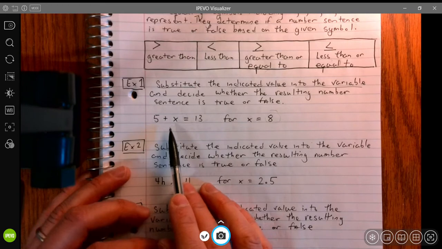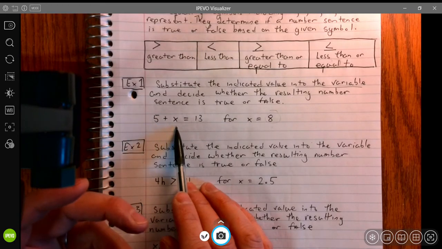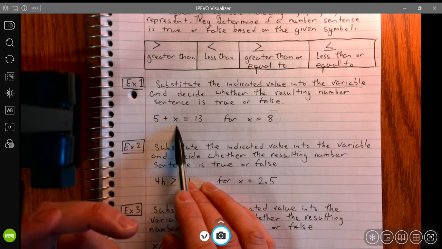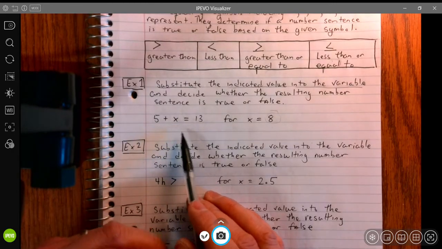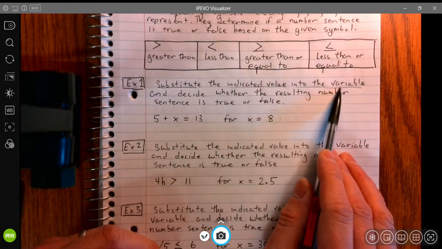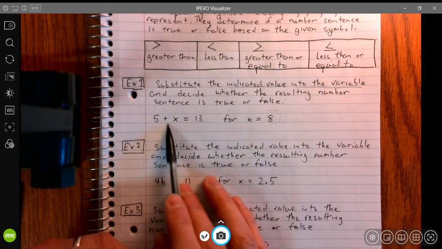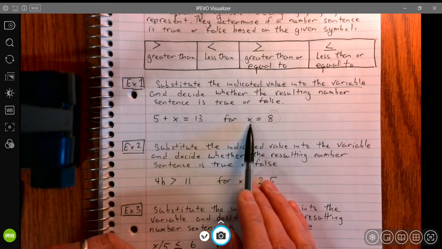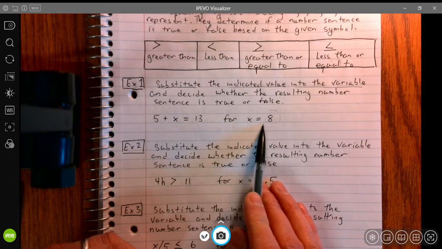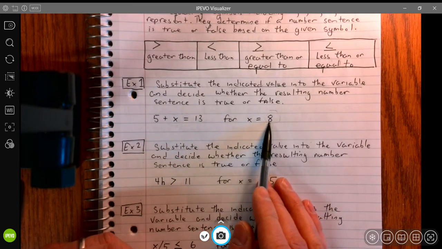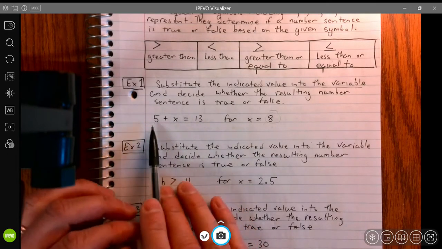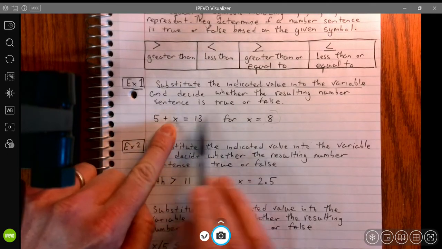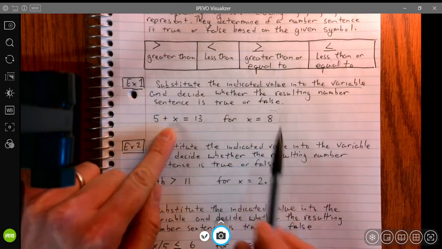It's the letter that's representing a number, and it's going to vary from question to question, which is why it's called a variable. This number can be whatever I want it to be. In this case, I chose 8. So everywhere I see an x, I'm going to write an 8.